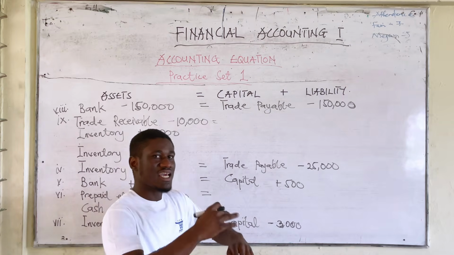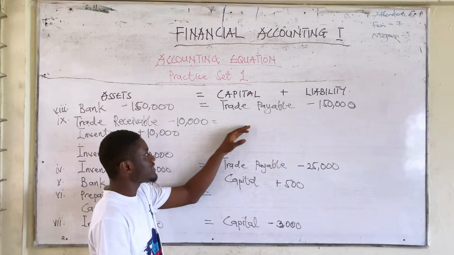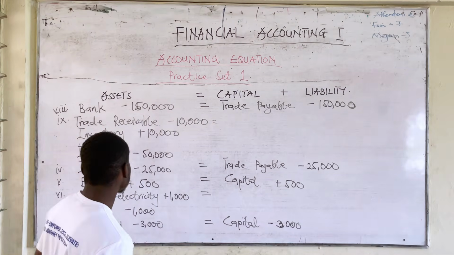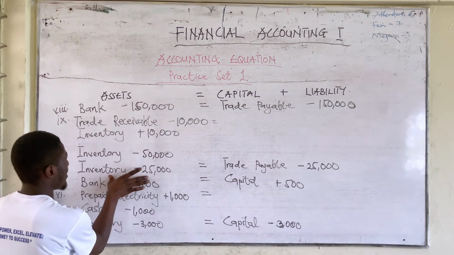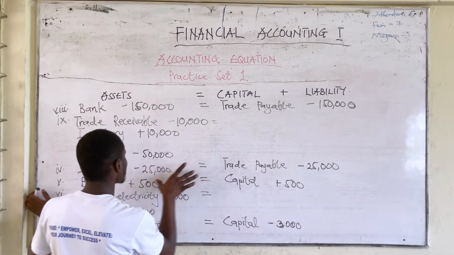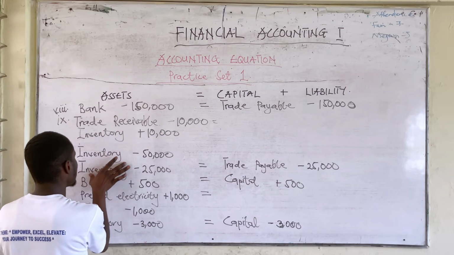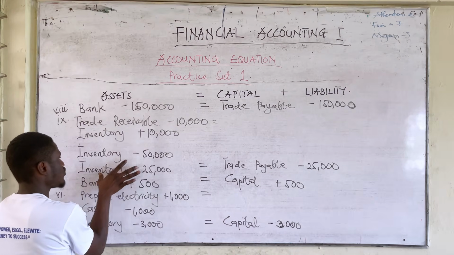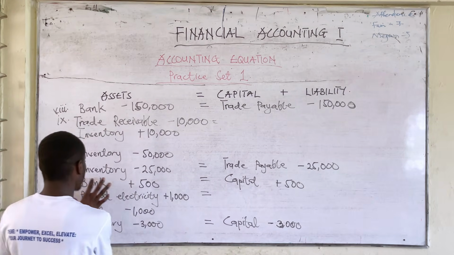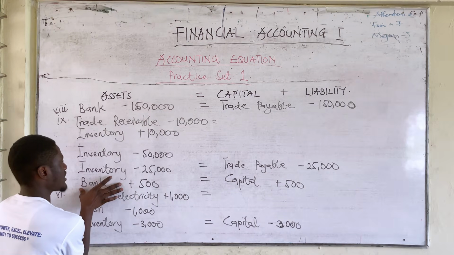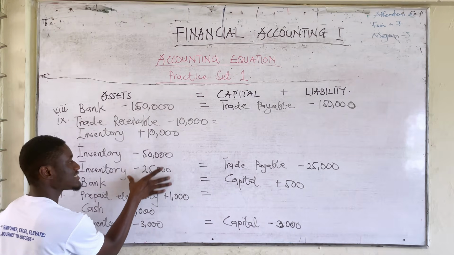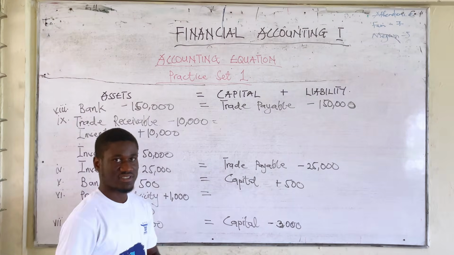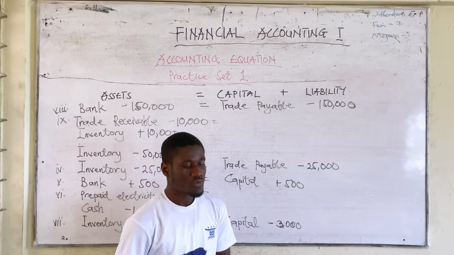You will see that at every stage of repeating them, you will still get the same balance. Before we tackle the actual transaction, you will see that after additions and some subtractions, we still get the same balances for both sides. You get it?